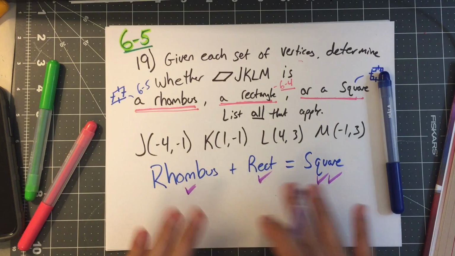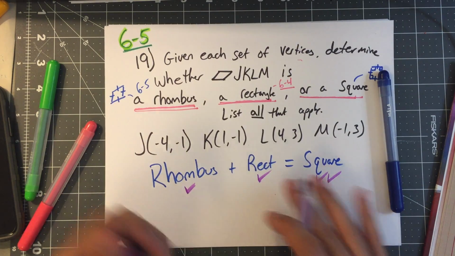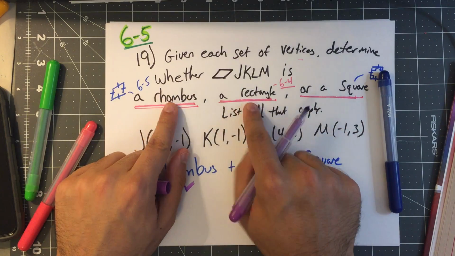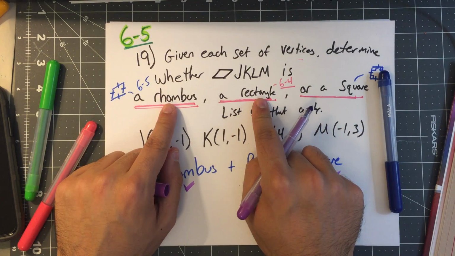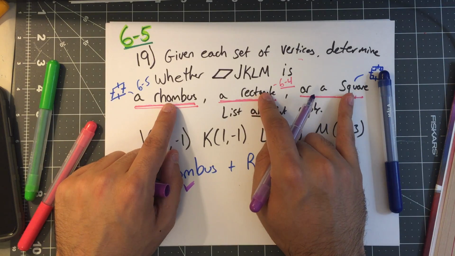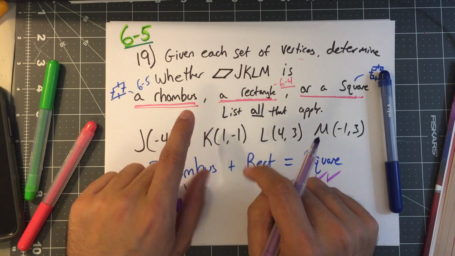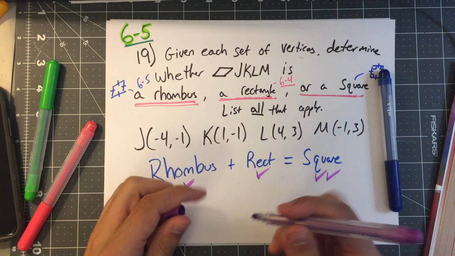If it's not both of those, then it can't be a square. So basically we're going to do two tests on this shape, and then we'll figure out the third one no matter what. It could be just a rhombus, just a rectangle, or all three.